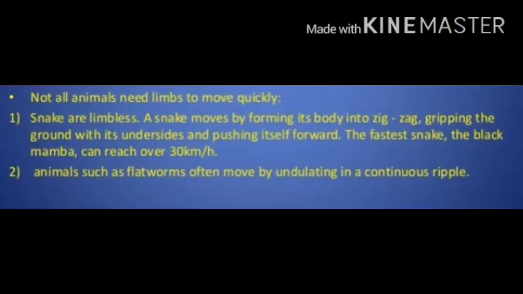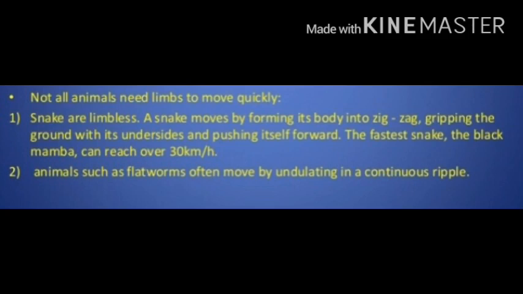Not all animals need limbs to move quickly. Snakes are limbless. A snake moves by forming its body into zigzags, gripping the ground with its underside and pushing itself forward.